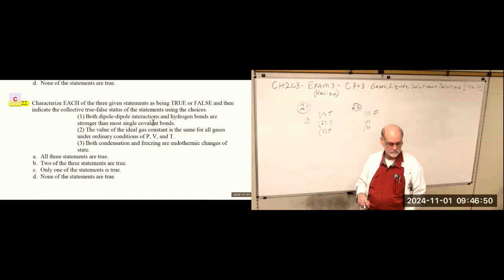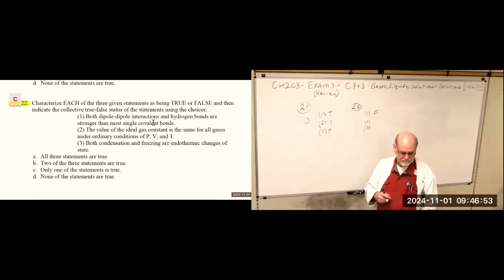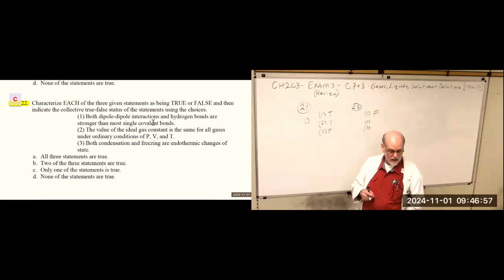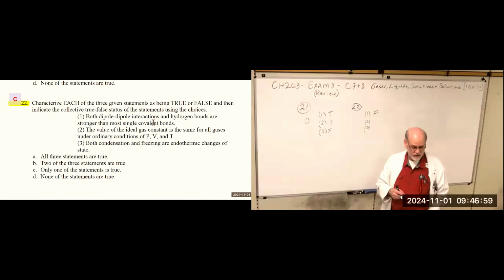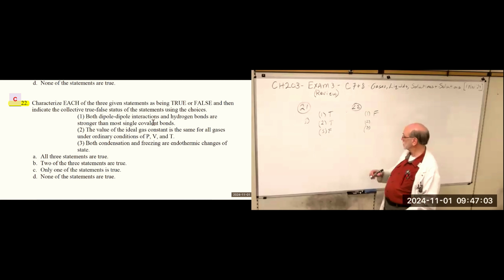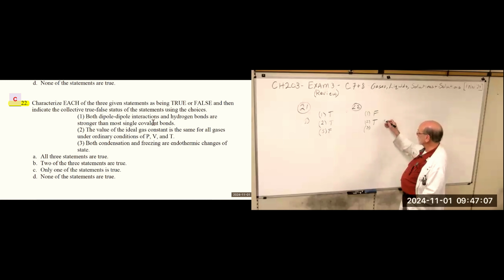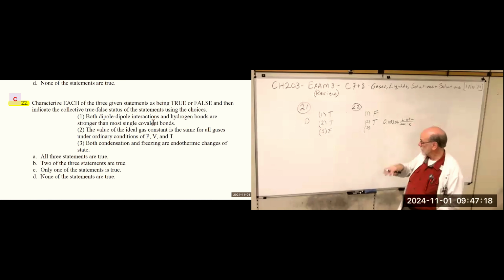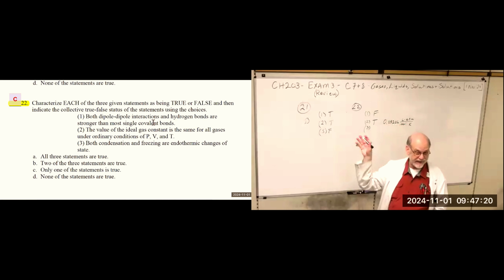That's false. The value of the ideal gas constant is the same for all gases under ordinary conditions of pressure, volume, and temperature. Yeah, that's true. If your units are liter, atmospheres, and moles, and temperature K, that would be the value. And it's the same for any gas.